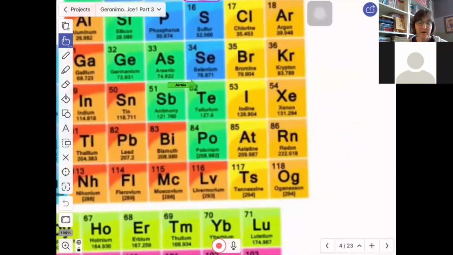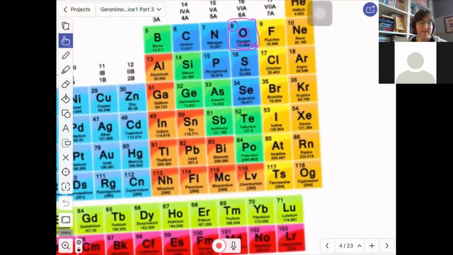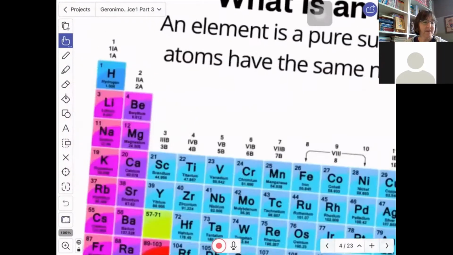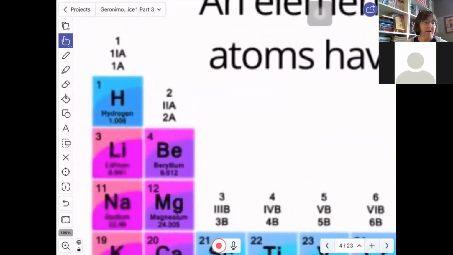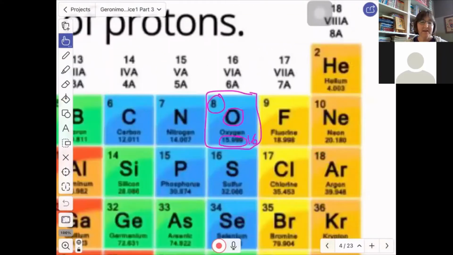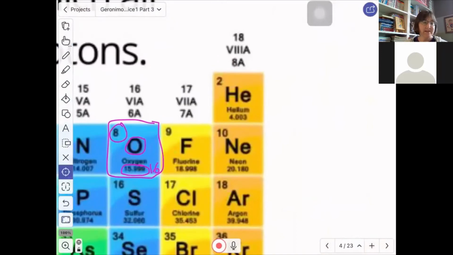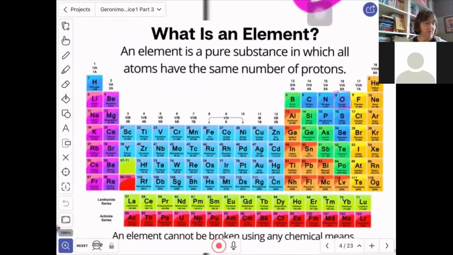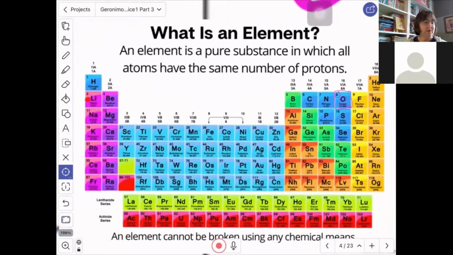I know there's 118 elements. And I know that the number in each box goes in order from number 1, and then over here on this side is number 2, that's helium. That's the number of protons it has. And then these all go in order: 3 protons, 4 protons, 5 protons, 6 protons, 7 protons, 8 protons.